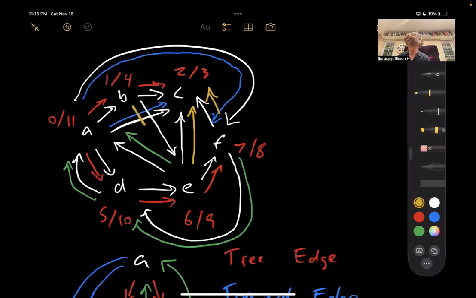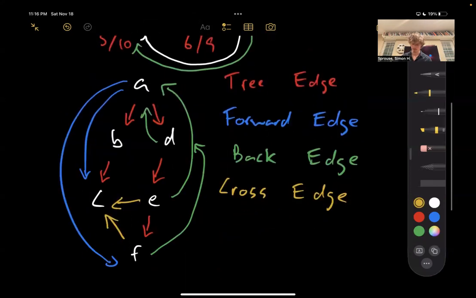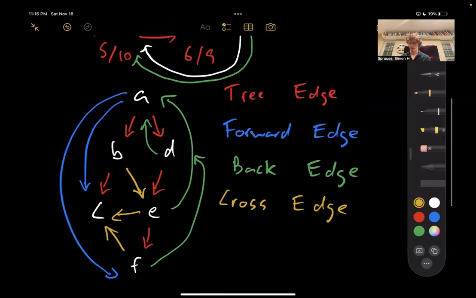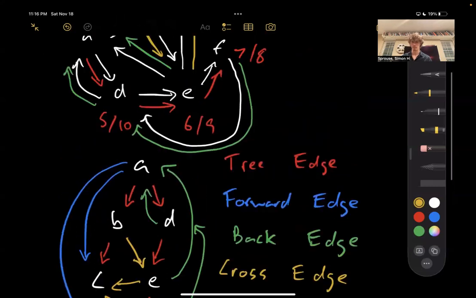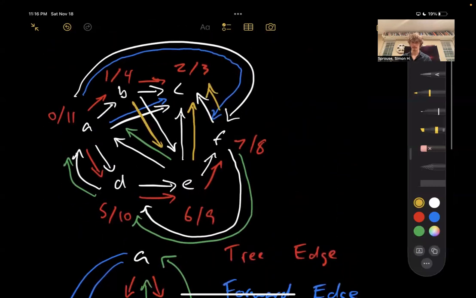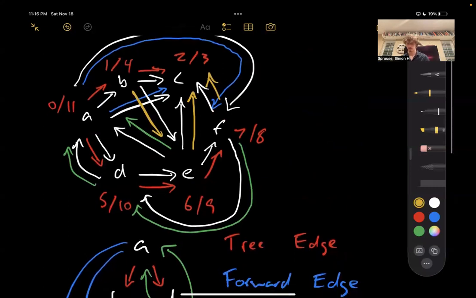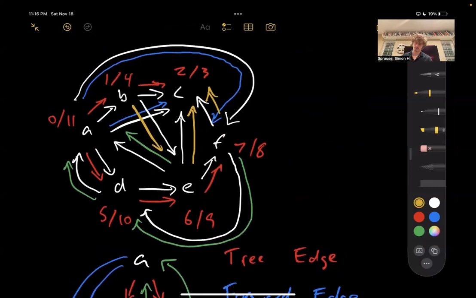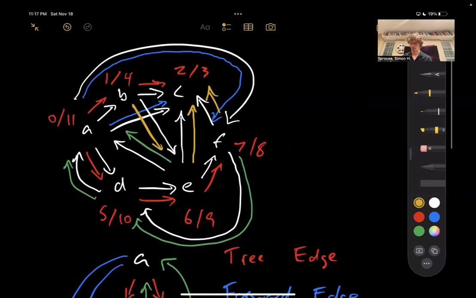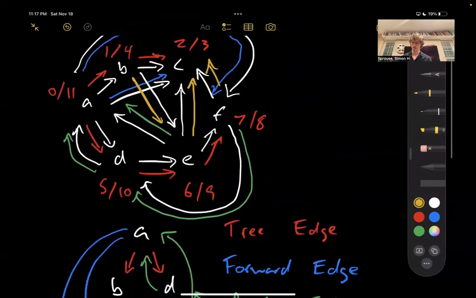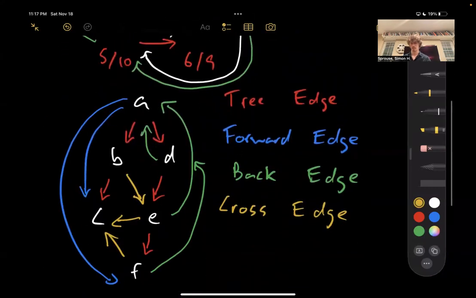Maybe this is an obnoxious way to make this point so many times, B pointing to E. So you can see that's a cross edge. Depending on how the different elements are discovered in the DFS traversal, and again, it is a stochastic process, it depends on the order in which you find nodes, the rest of the connections are labeled accordingly, and this is DFS.